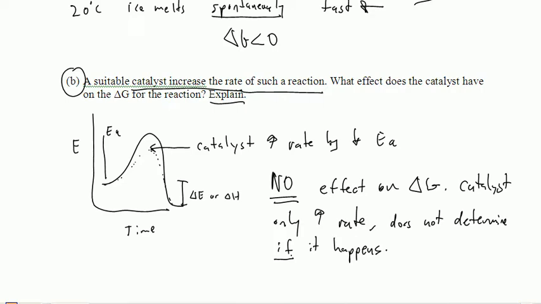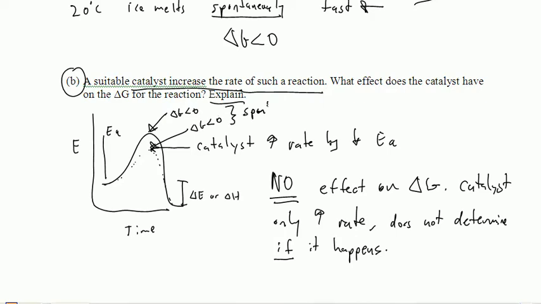So a reaction might be happening slow, spontaneously, and it might be happening fast, spontaneously. Both cases are spontaneous. For instance, the initial EA might have a delta G that's less than 0, and the second EA might have a delta G which is less than 0.